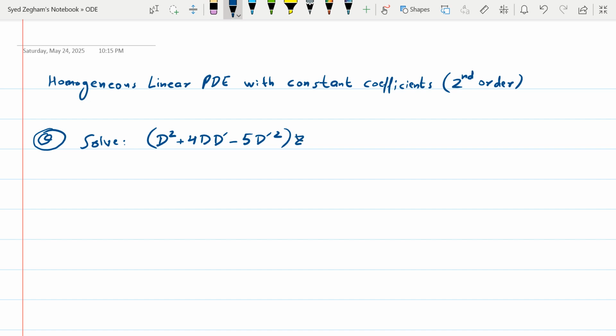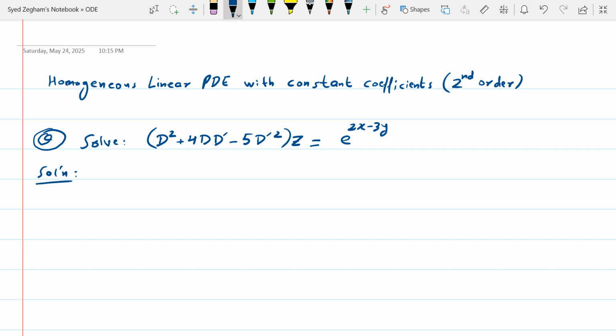Then we have our dependent variable z is equal to e to the power 2x minus 3y.